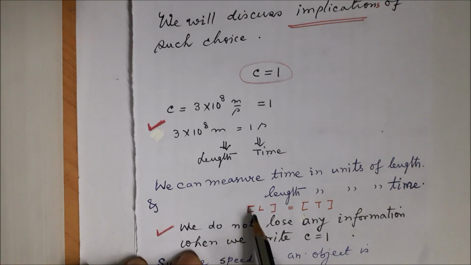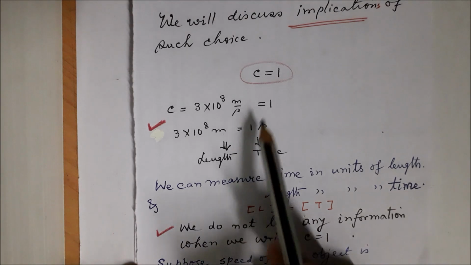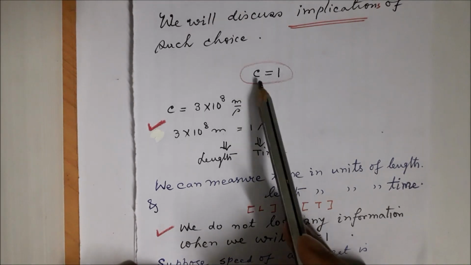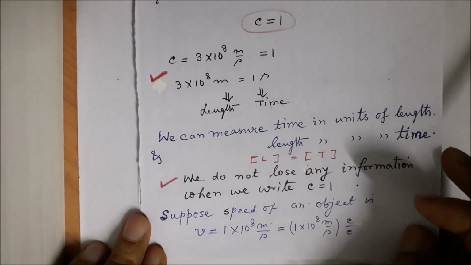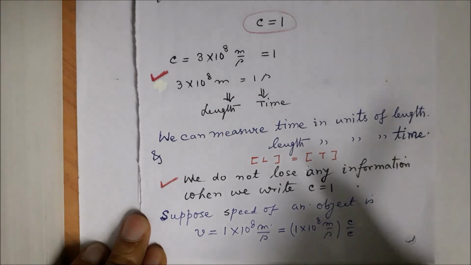Now, do we lose any information if we write C equal to 1? Actually not. Let us elaborate this a bit.